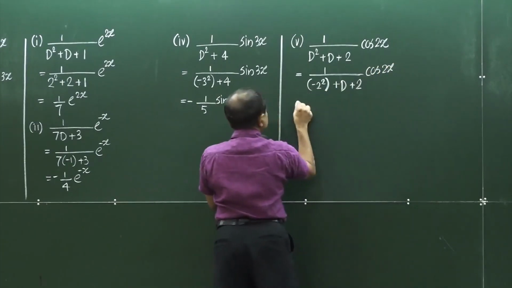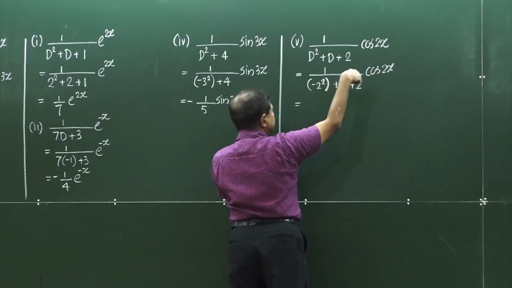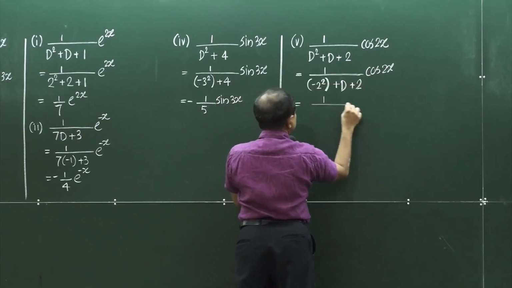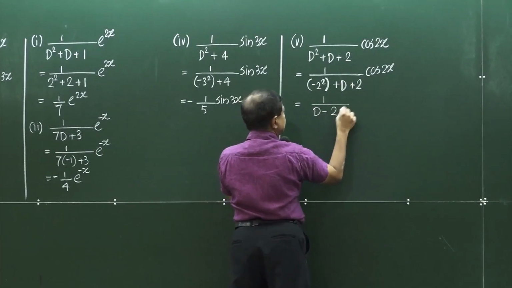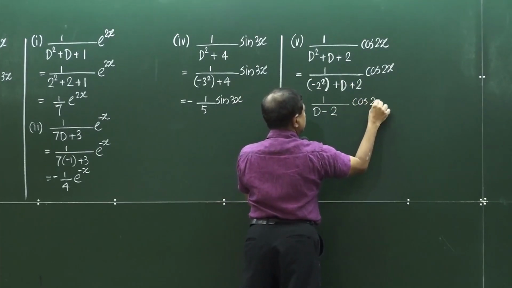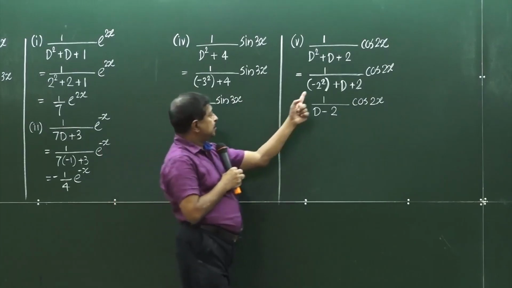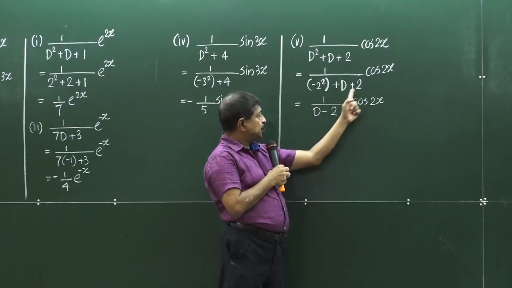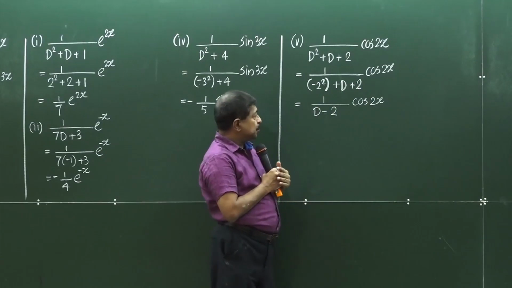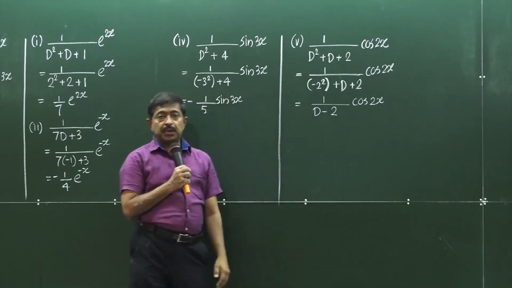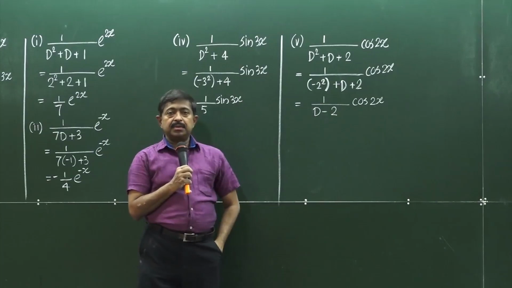You simplify this. This is minus 4. This is 2. So you have D minus 2. Now this is, look, minus 4 plus 2, minus 2. Now what can you do? Now it's not a function of D squared. Now you are stuck.